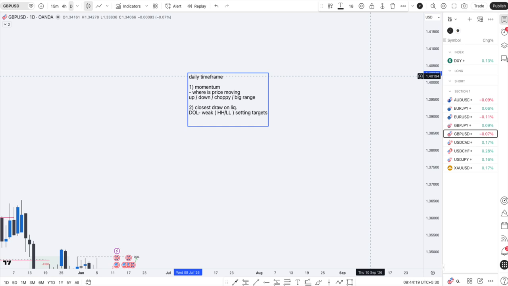But if the draw on liquidity is strong, that means a higher low or lower high, then I use it for trade setups.